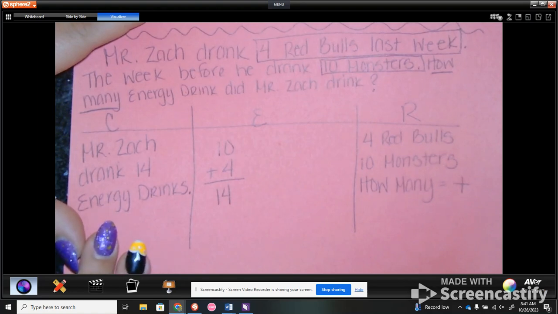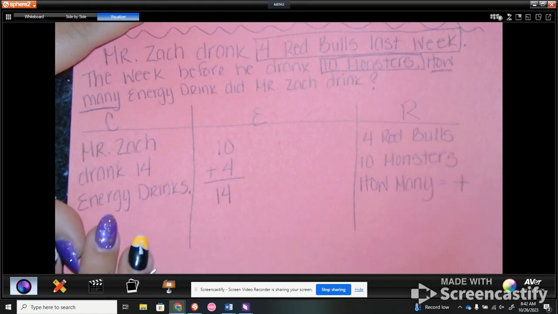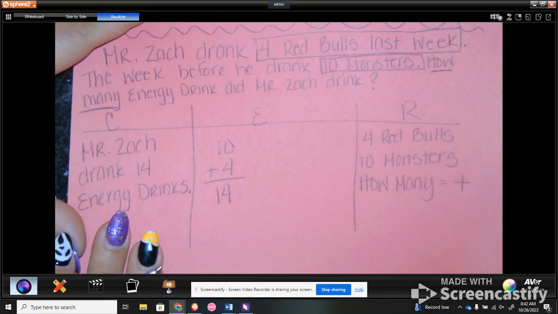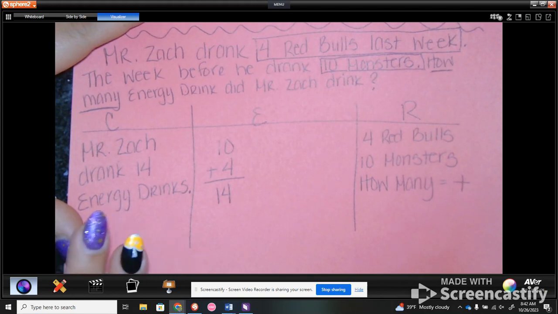There are some things in math that are super important. This is one of those things. You may have a calculator, but if you don't know what you have to plug into the calculator, it's not going to help you. You have to be able to think through a math story problem.